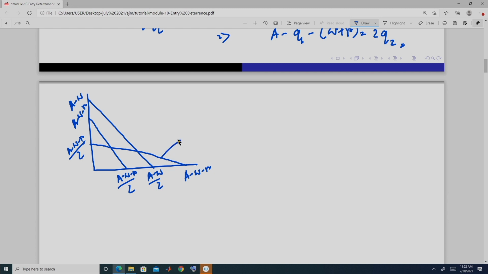Yes, this is the reaction function of firm 2. This is point T, this is the point V that we have used, and suppose this is the capacity, then the reaction function of firm 1 is this thick line.